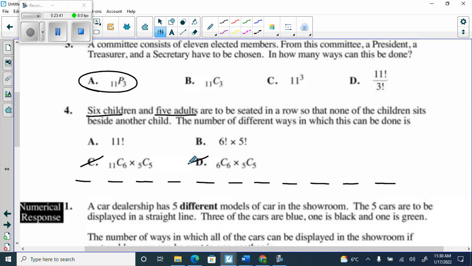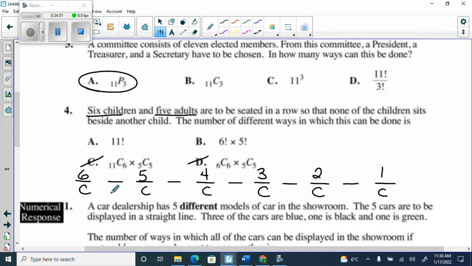How many people do I have to start with, children or adults, in order to have them not double up? The kids, right? So I'd have to go 6, and put a child here, then a child here, 5, child here, 4, child here, 3, child here, 2, child here, 1.